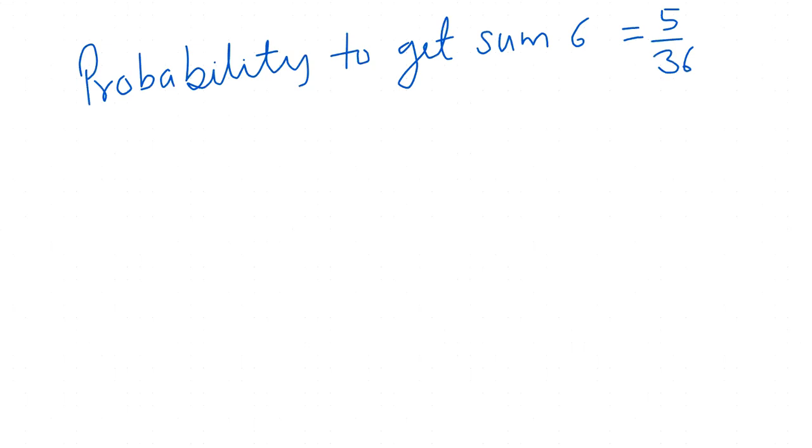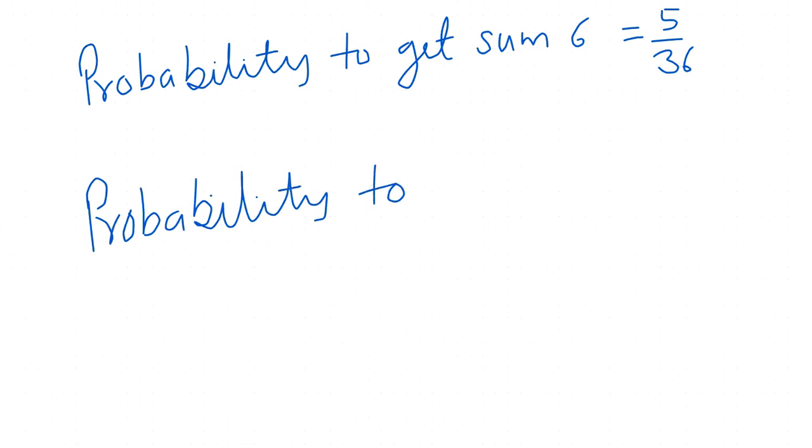Next. Probability to get sum 7. Or we can take it as like 1 comma 6, 6 comma 1, 2 comma 5, 5 comma 2, 3 comma 4, 4 comma 3. So we have 6 favorable outcomes. 6 by 36, so we have 1 by 6.